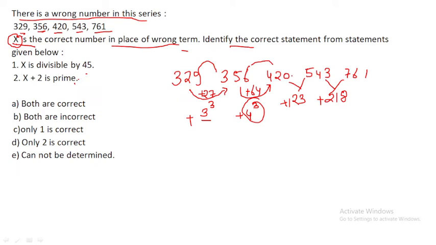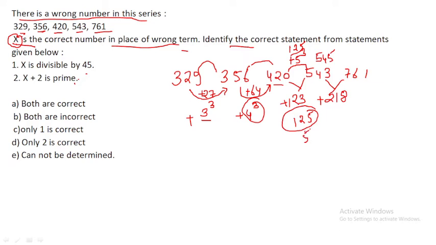Then what do we have to add? 5 cubed in the series, and the value of 5 cubed is 125. We'll follow this till the end to see whether our logic is working or not. If we add 125 to 420 instead of 123, we get 545.